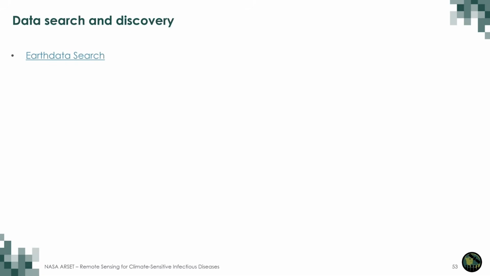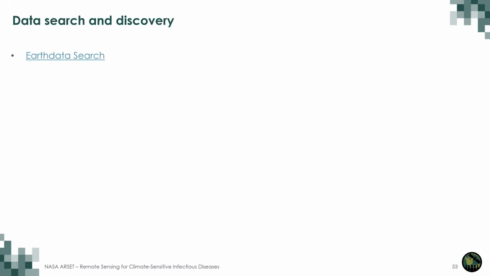For NASA, the primary repository and the primary center for data discovery is Earth Data Search. All you need to do is establish a login and password identity, and then you have access to all NASA holdings, all the data sets, free of charge, unlimited data access.